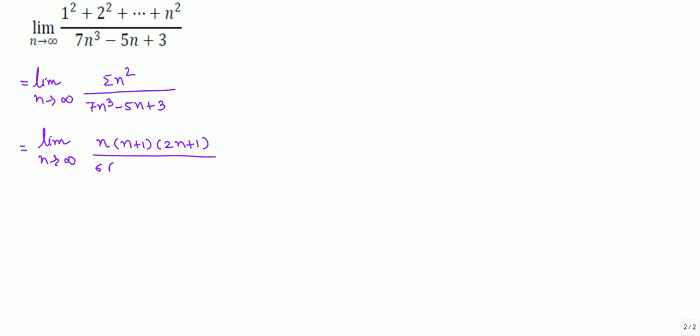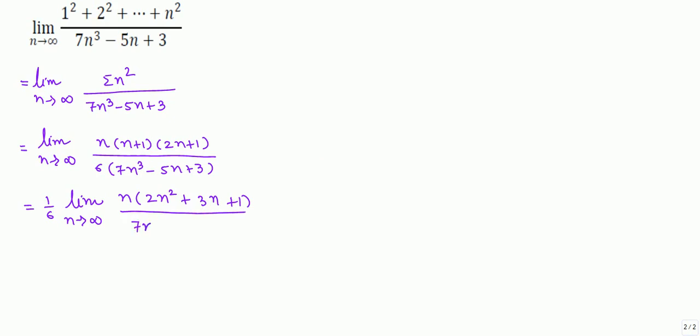So in the formula, 7n cube minus 5n plus 3. Okay, let's take 1/6 constant outside: 1/6 limit n tends to infinity, n into multiply these two brackets, 2n square plus n into 1 that is n plus 2n, so finally 3n, plus 1, divided by 7n cube minus 5n plus 3.